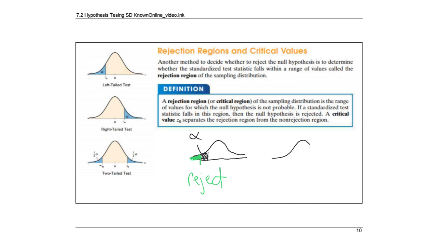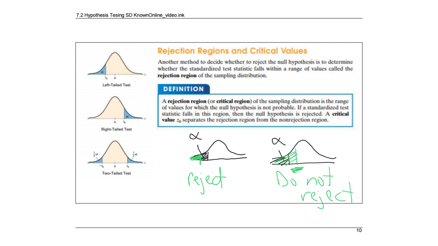But if we have a rejection region here, so that's our alpha, and our p-value comes all the way out here, then we are going to not reject, because we do have some of our data over here in the area that is not the rejection region.